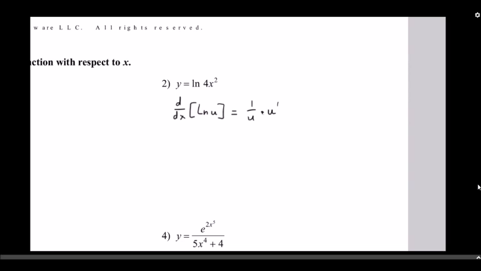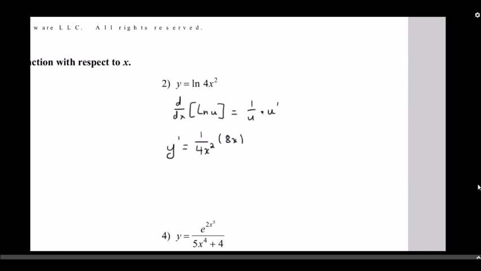So for this example, question 2, we have y prime. Now this expression right here, the 4x squared, is like u. So this is the natural log of u. According to this rule, the derivative of natural log of u is 1 over u, in this case 1 over 4x squared. Now we need the u prime, and that's going to be 8x.